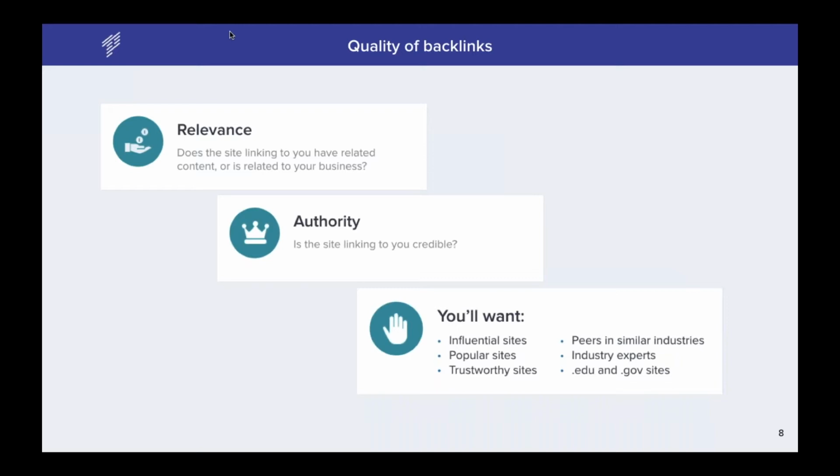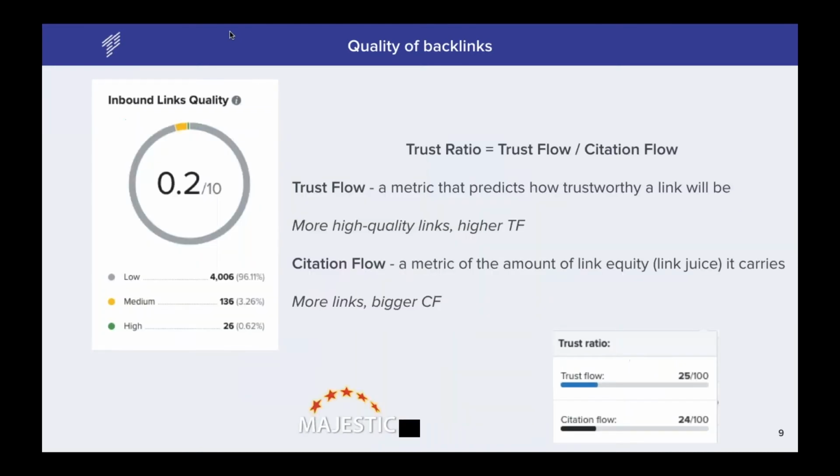And of course, edu and gov sites are the most authoritative. It's incredibly difficult to get links from those pages, but in certain situations it can be done. The general rule is for the site to be trustworthy and considered valuable for the visitors or the readers.